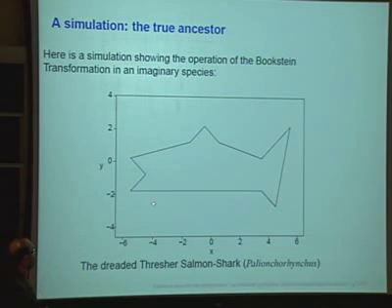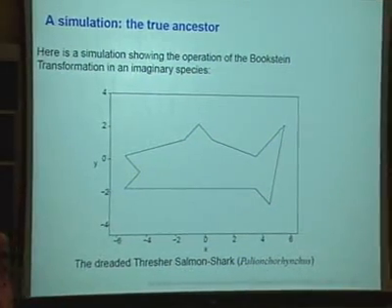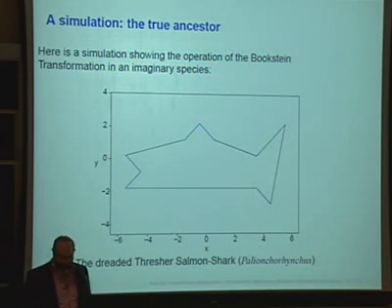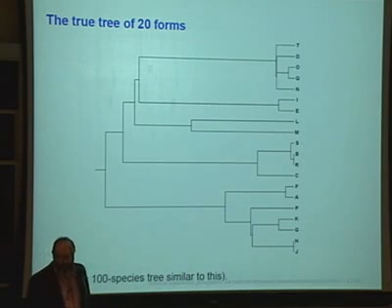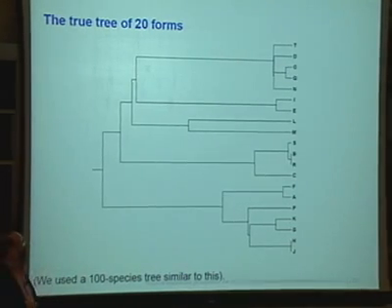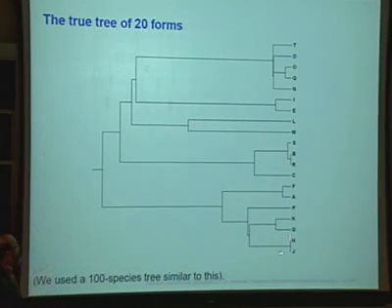Okay. So here is our organism, which is the dreaded thresher salmon shark, Paleooncorhynchus, which I invented. And it's sort of a salmon-like thing with fins that stick up a lot. It happens to have 10 landmarks going around, and there is the ancestral dreaded thresher salmon shark. Here is a tree of 20 species, and we generated this tree, for those who care, by a pure birth process.